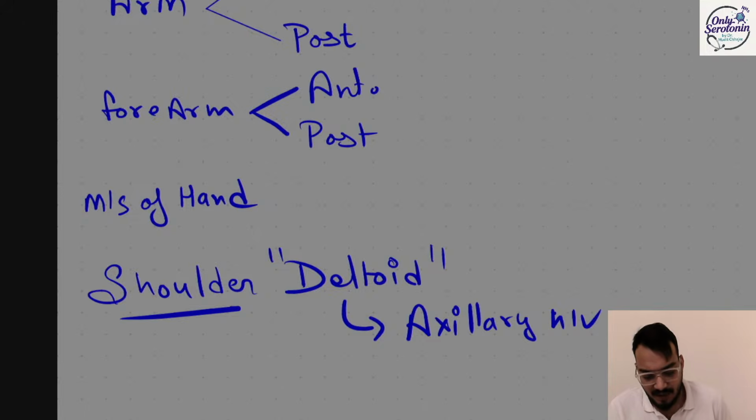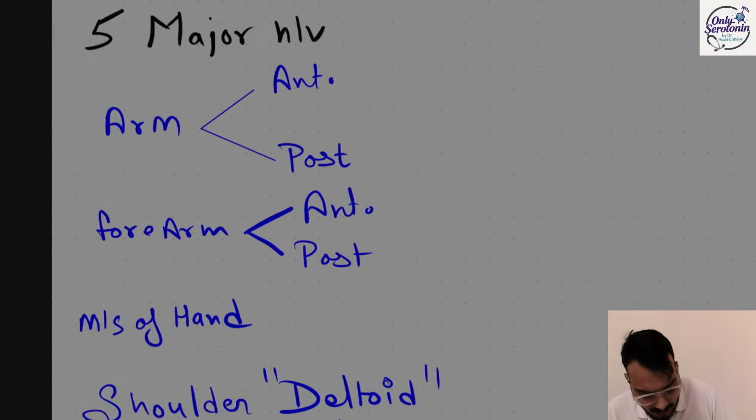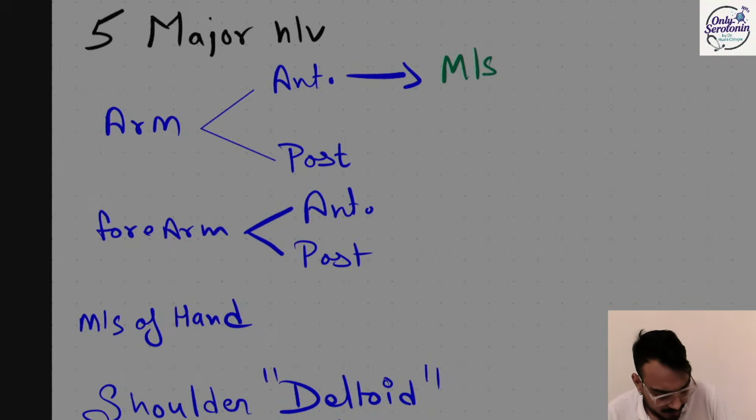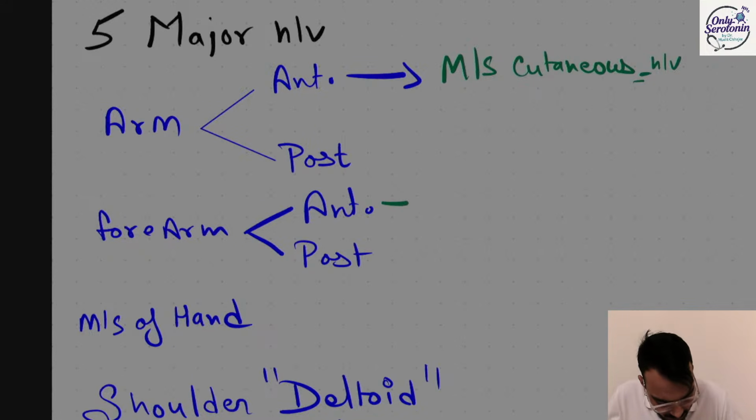Right? What about the anterior compartment of the arm? The anterior compartment of the arm is supplied by the musculocutaneous nerve, and that is your first major nerve, guys. The musculocutaneous nerve is going to supply the anterior compartment of the arm, and the anterior compartment of the forearm is supplied by the ulnar nerve.